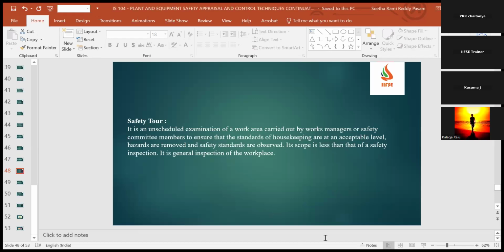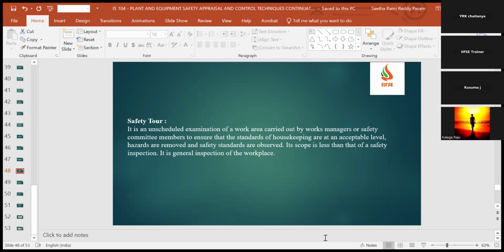Yeah, safety tour. Basically, it is also an unscheduled examination of the work area, carried out by the work managers or safety committee members to ensure that the standards of housekeeping are at an acceptable level, hazards are removed and safety standards are observed. The scope is less than that of safety inspections. It is a kind of general inspection of the workplace.